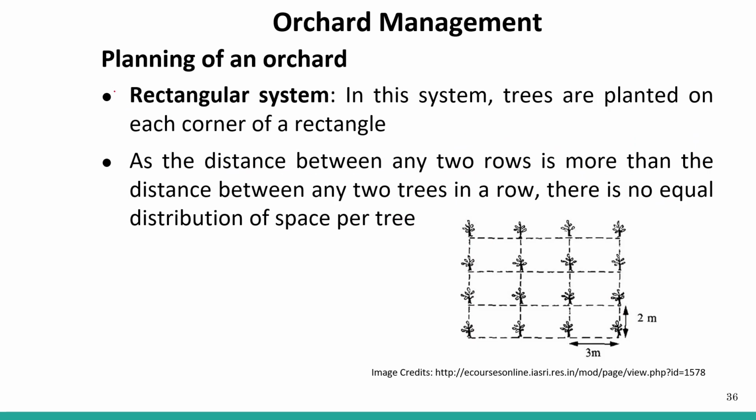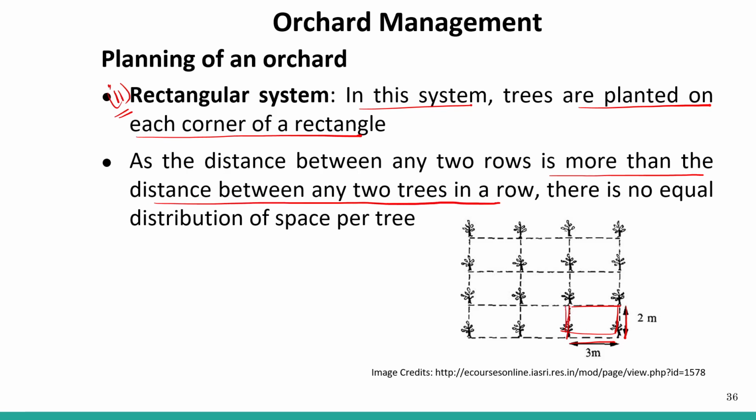Rectangular system. The second type is the rectangular system. In this system, the trees are planted on each corner of a rectangle. Here you can see it is forming a rectangle, 3 meter by 2 meters. The distance between any two rows is more than the distance between any two trees in a row.